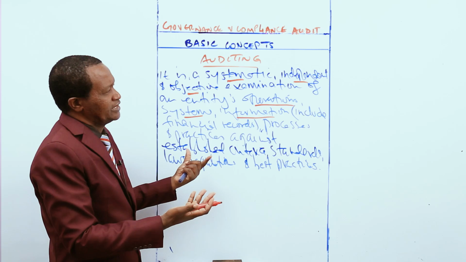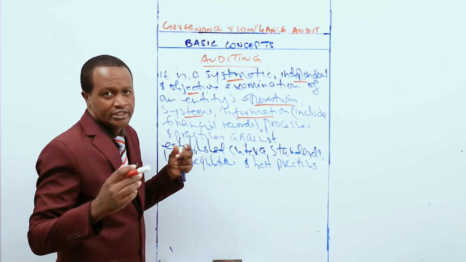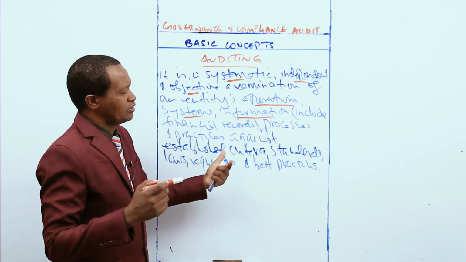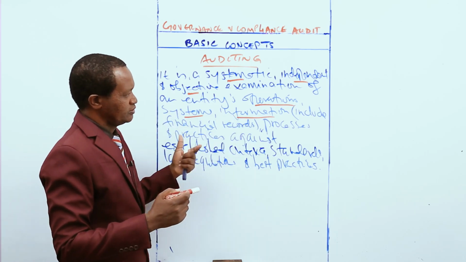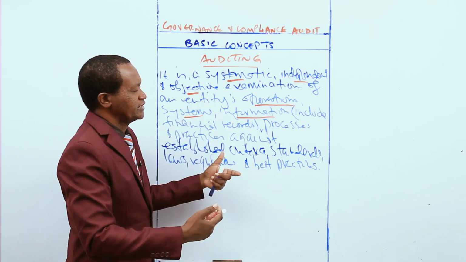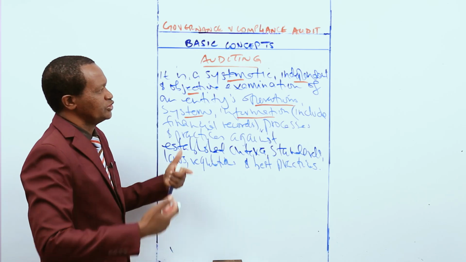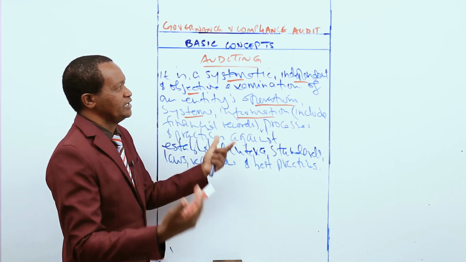But now just understand, independent may mean that the one auditing should not be part of the operations. The one who is carrying out the operations cannot audit the same operations. The one who is maintaining the financial records should not be the one carrying out the independent examination.